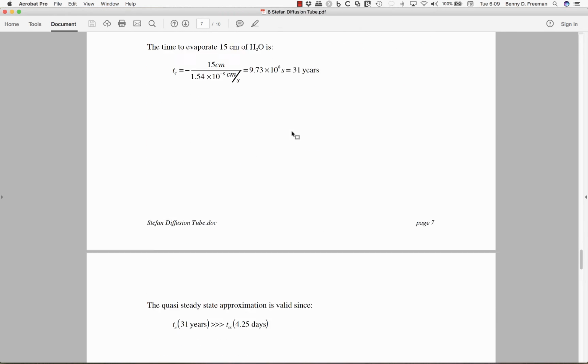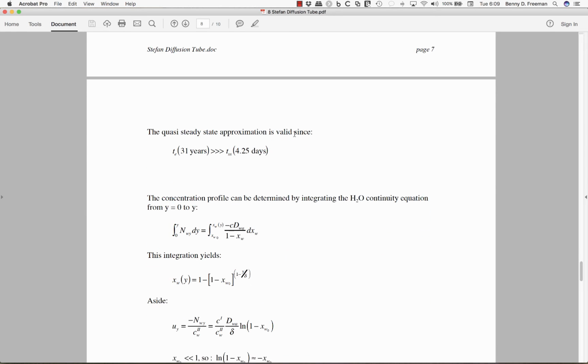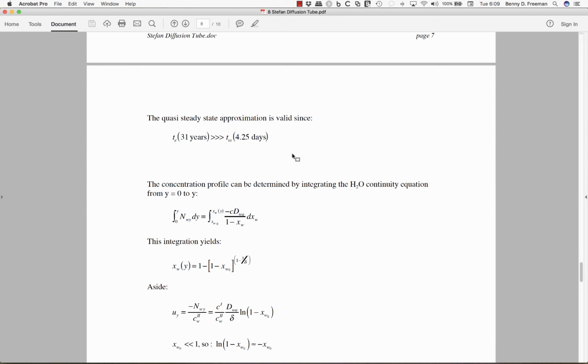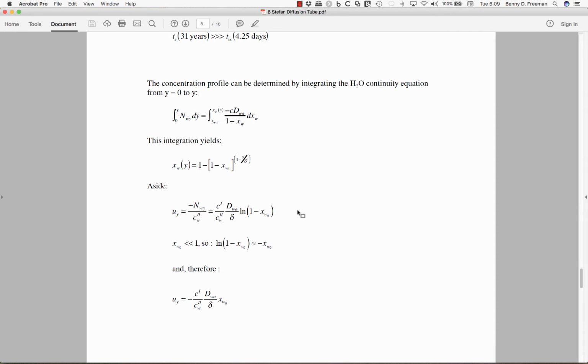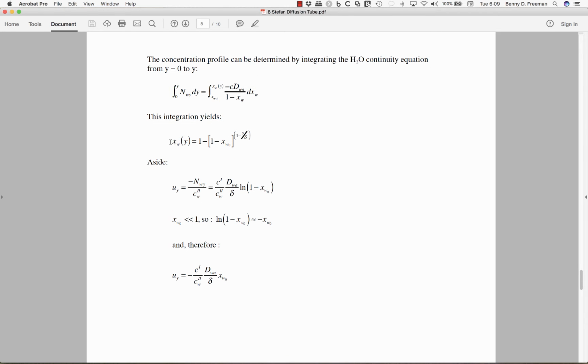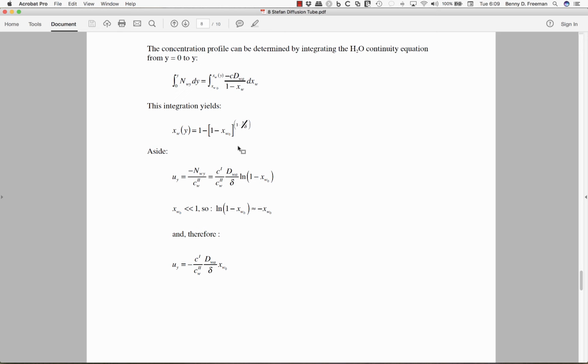Now, that's the point that's made here at the top of the page. If you wish, you can calculate the concentration profile by integrating the water continuity equation from the liquid-vapor surface up to some arbitrary distance y instead of going all the way to the top of the tube. And if you do that, you will find the concentration profile that's shown here.